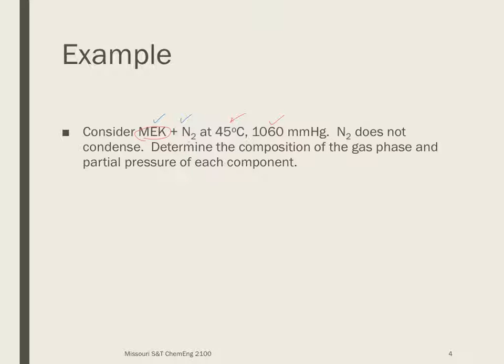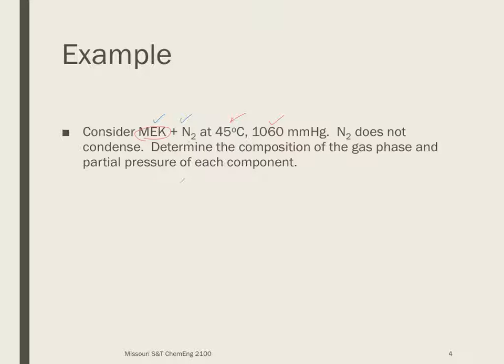We want to determine the composition of the gas phase and the partial pressure of each component in that gas phase. So I have temperature and pressure. I've got my two things specified. Nitrogen is not condensing, so I know that Raoult's Law is going to apply to the MEK.